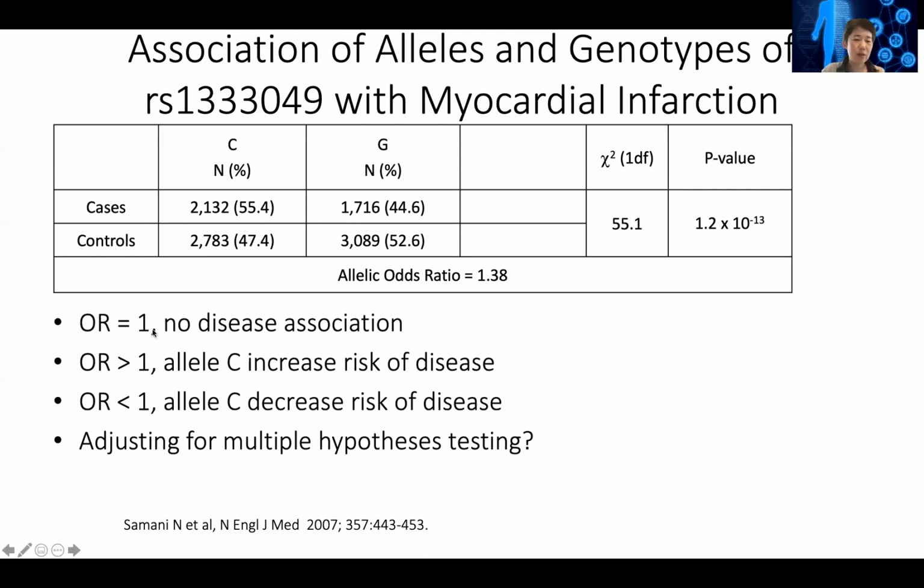If the odds ratio is equal to 1, there's no association, and usually those p-values are not significant. If the odds ratio is over 1, allele C is increasing your disease risk. If it's below 1, allele C is decreasing your disease risk. If the odds ratio is high, you might need fewer samples to reach the same p-value.